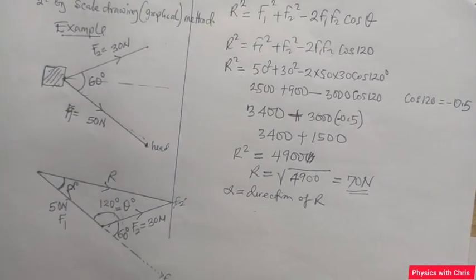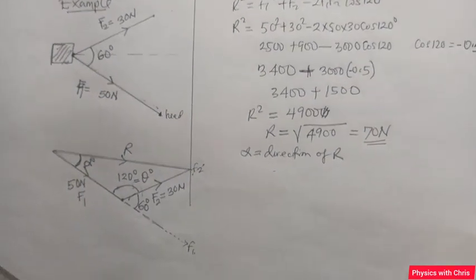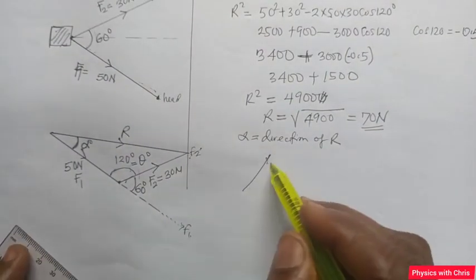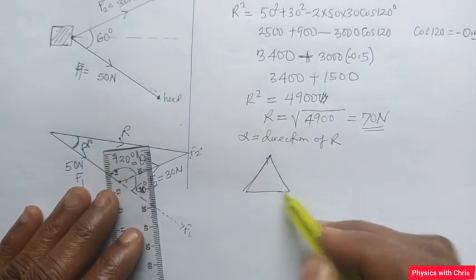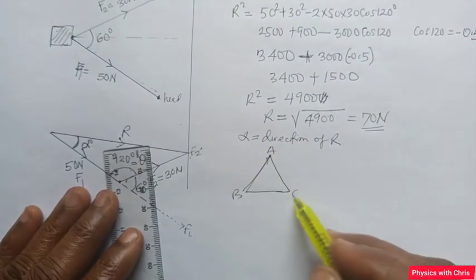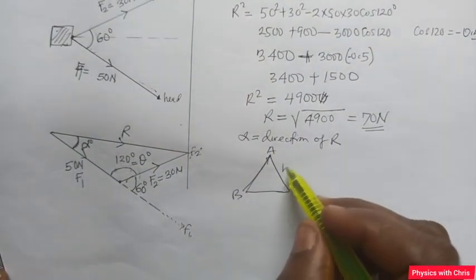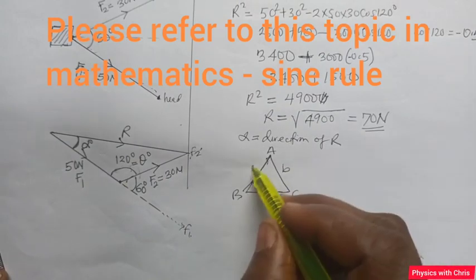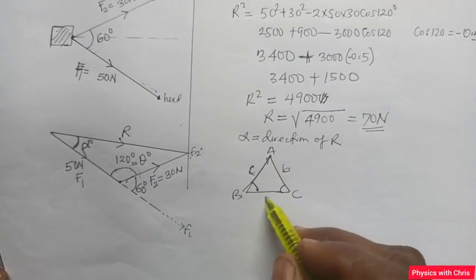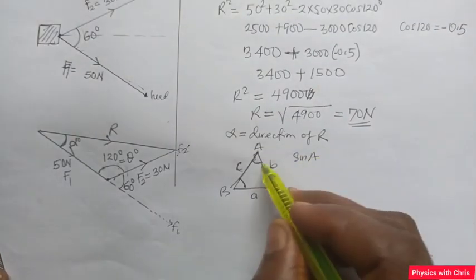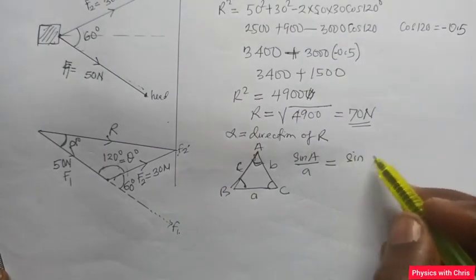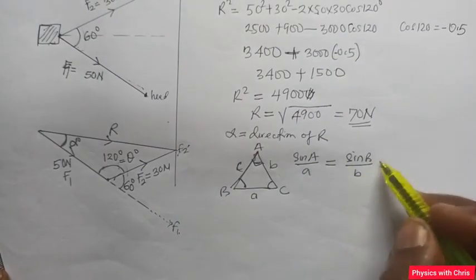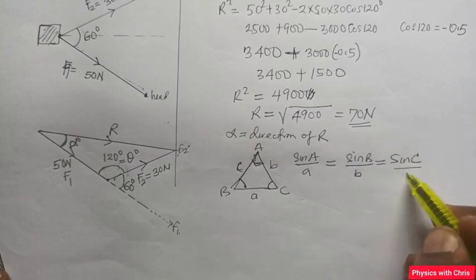For the sine rule, let's say you are given a triangle ABC, and this is my side B, opposite angle B. This is my side C, opposite angle C, and this is my side A, opposite angle A. The sine rule says that sine of angle A over side A equals sine B over B, which equals sine C over C.